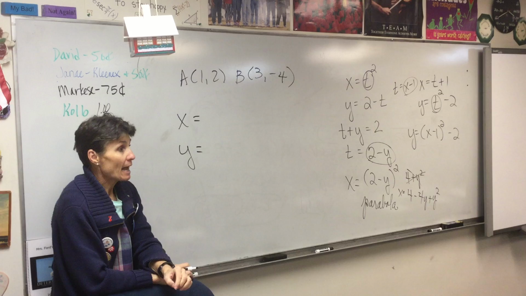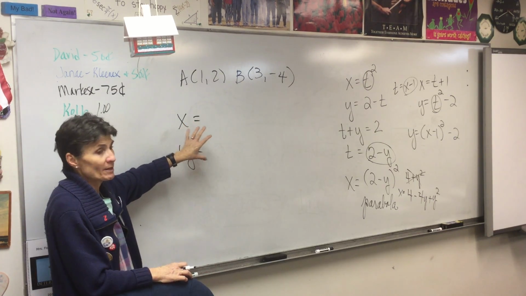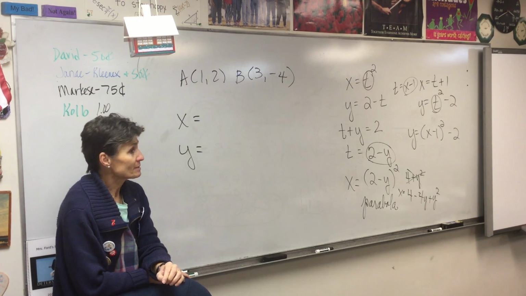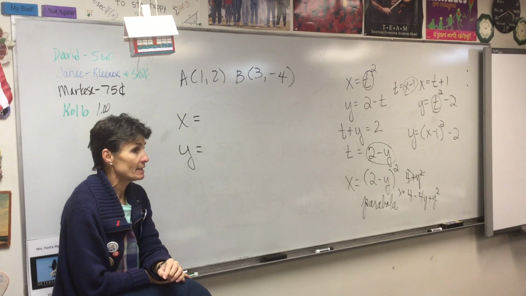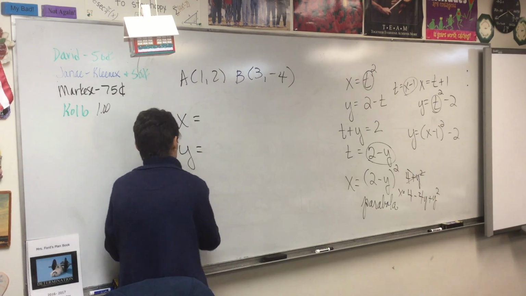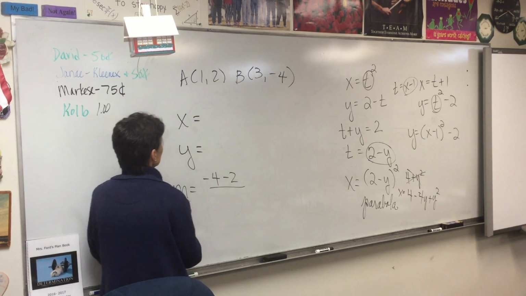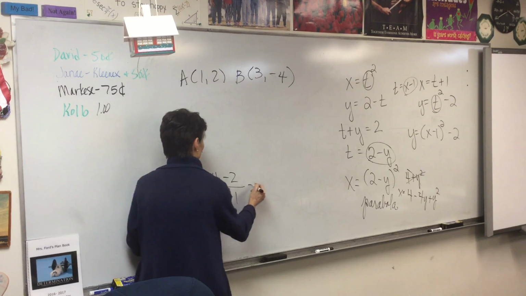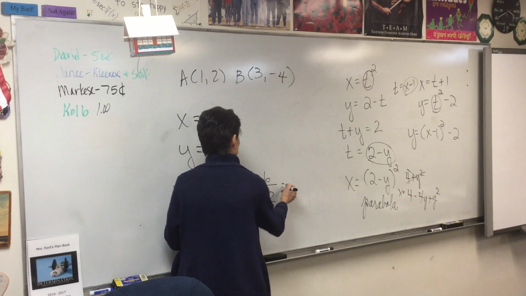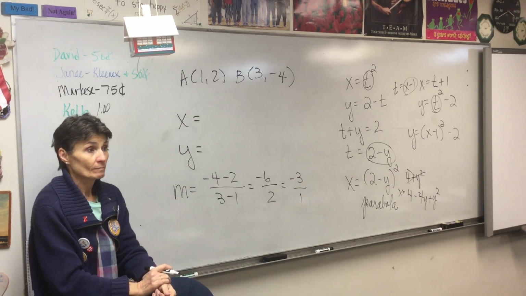Okay? Now, you have written lines before, not using parametric, but you have written equations of lines, y equals mx plus b. And what was the first thing you always did? You found the slope. Let's start the same way. So the slope will be negative 4 minus 2 over 3 minus 1. So that's negative 6 over 2, which reduces to negative 3 over 1.